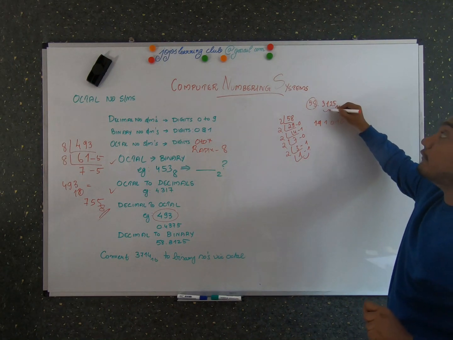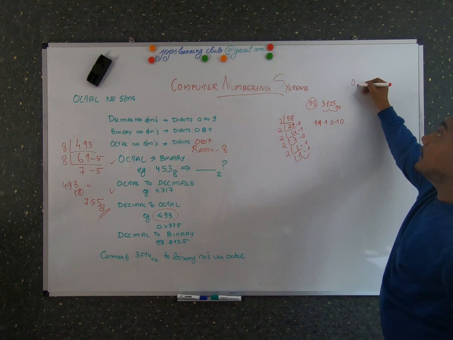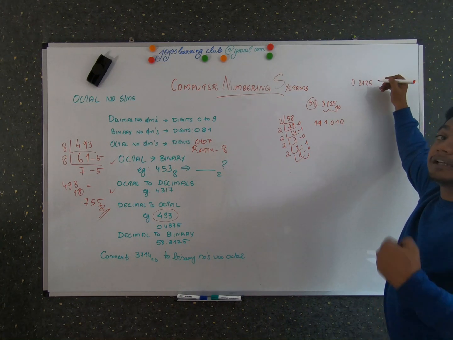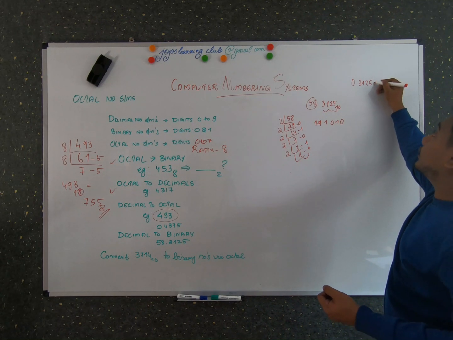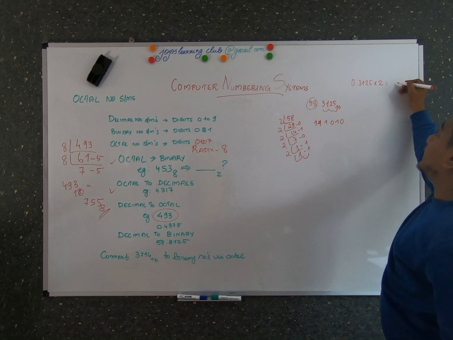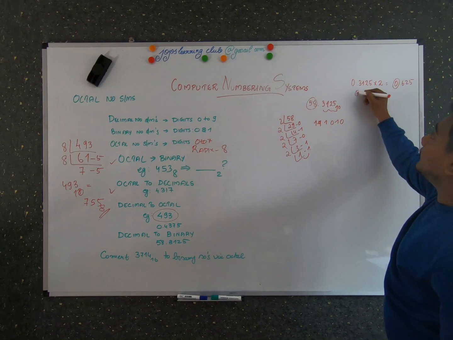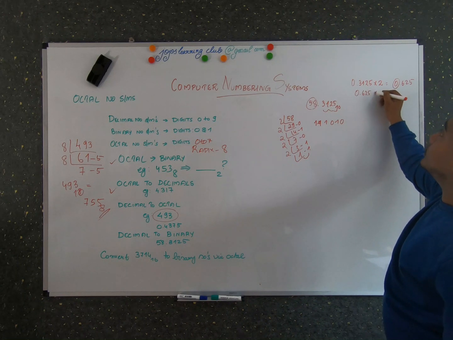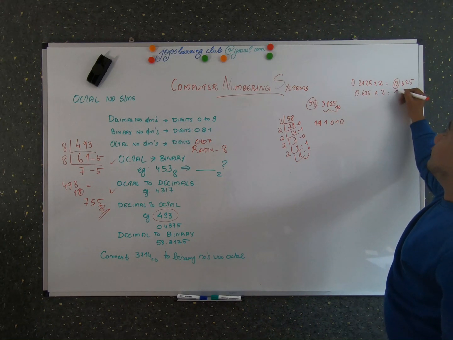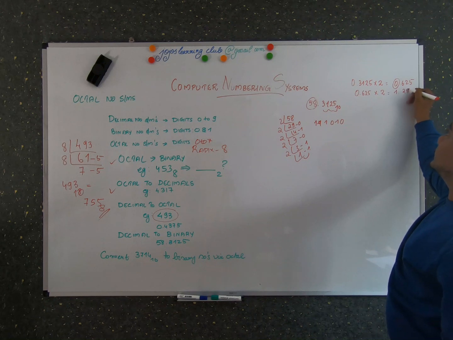But now we have to find it for the fraction part. As I said, when you have a fraction, you have to multiply with 2 here. So you get 0.625. This is the first digit, 0. Next, take the fraction again and multiply it with 2. Now you have 1.250.